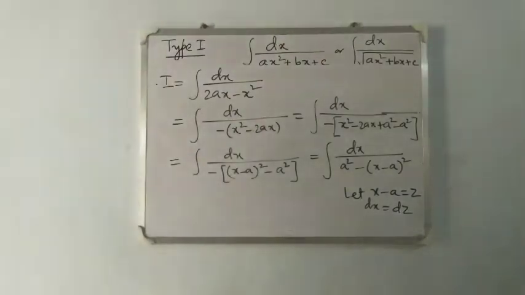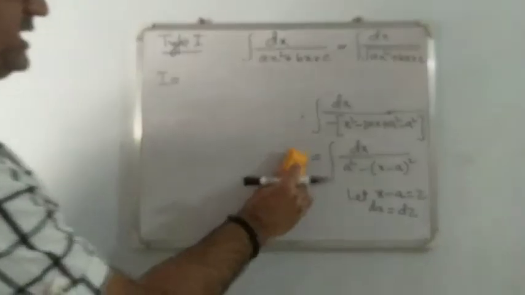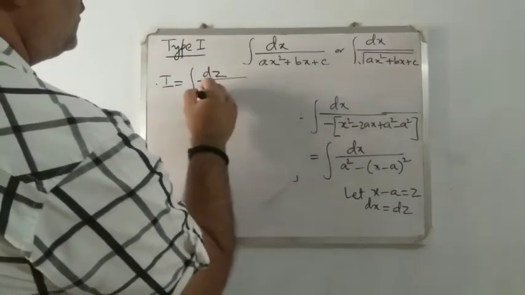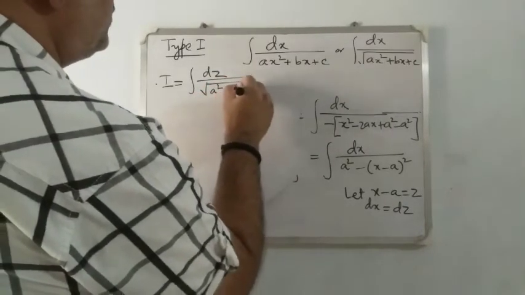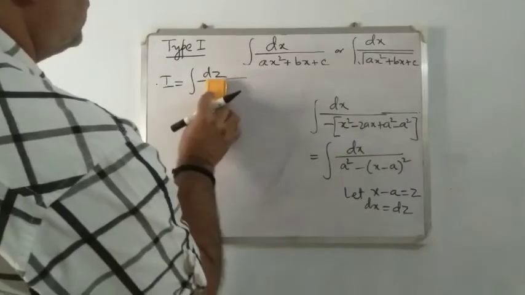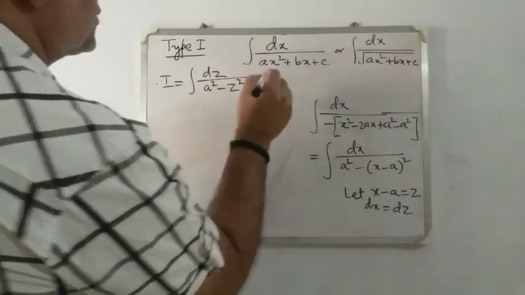After taking dx is equal to dz, we will have this I is equal to integral dz by, that is root over a square minus z square. And you know the formula for a square minus z square was, you know, yes, sorry, not root, without radical sign, it is a square minus z square, sorry.